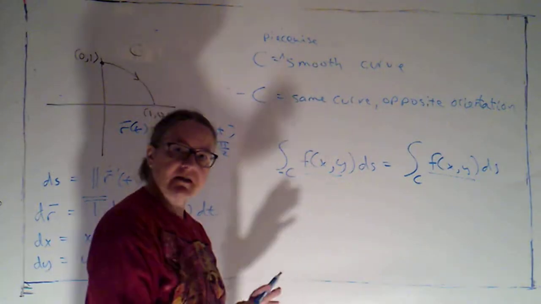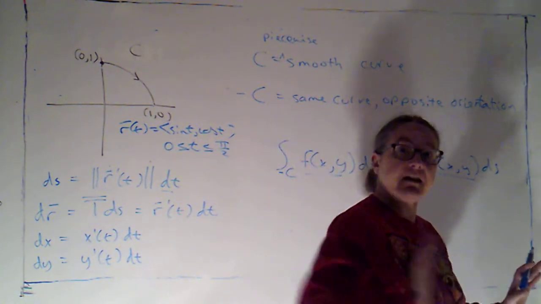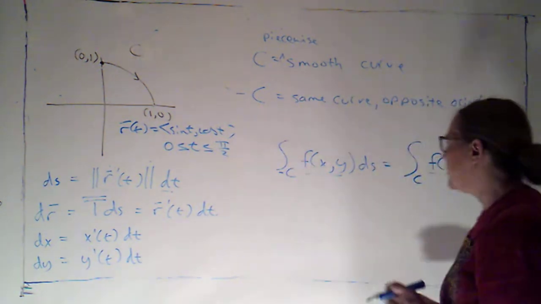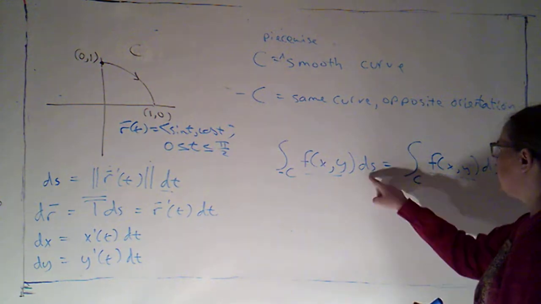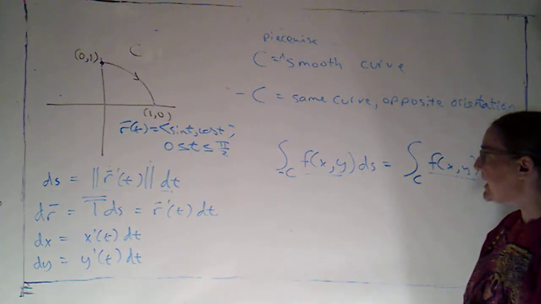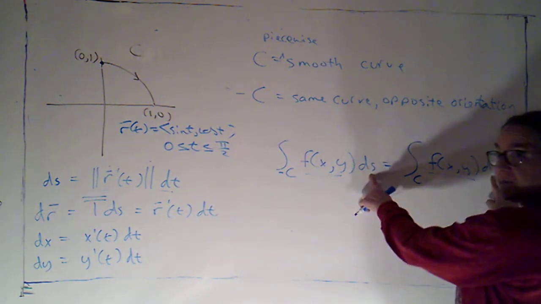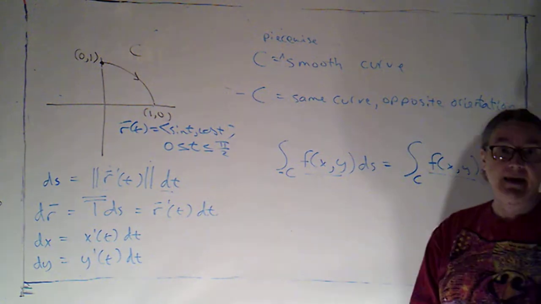If I reverse the orientation so that I'm going this way, I redefine that this way is the positive direction. So if we're just doing a plain old regular line integral, we're always moving in the positive direction. ds is always positive, and so I'm integrating the same thing with respect to an arc length that's always positive. I get the same thing.